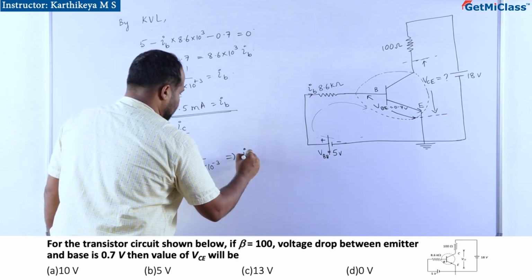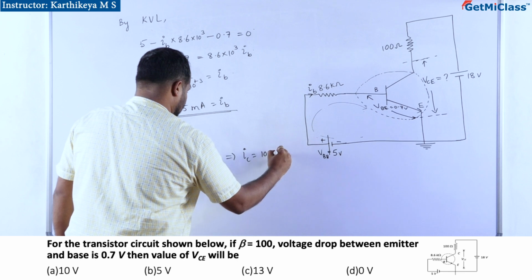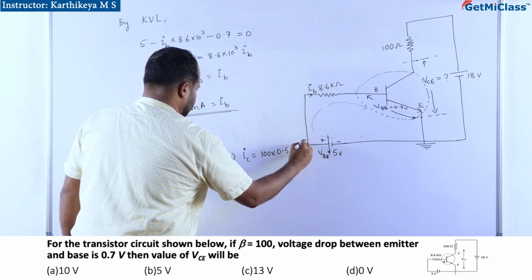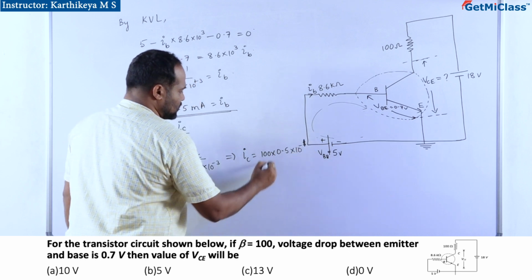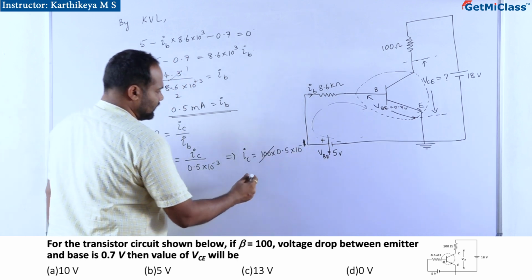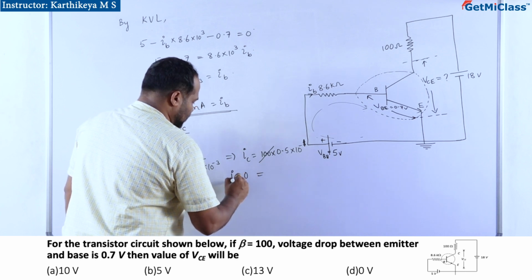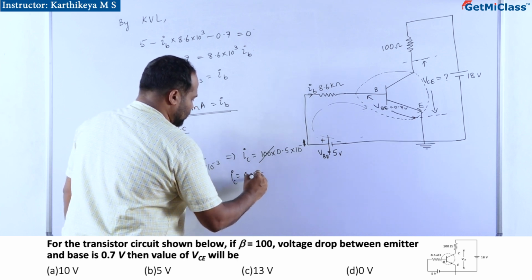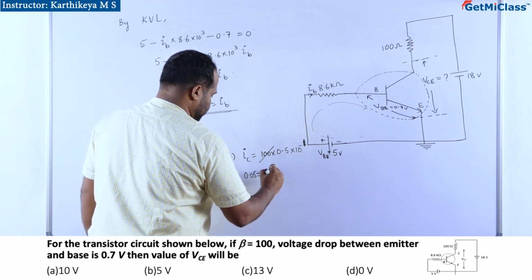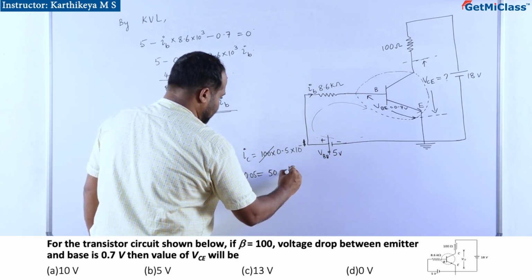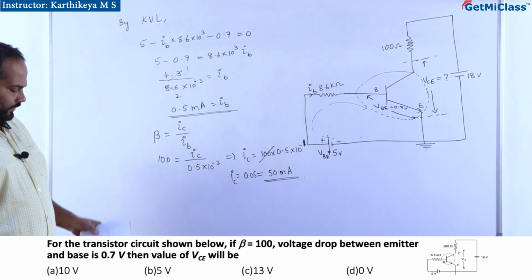That implies IC will be 100 into 0.5 into 10 to the power minus 3. So this will become 10 to the power minus 1. This cancels with that. So IC will be 0.05 ampere, or it will be 50 milliampere.